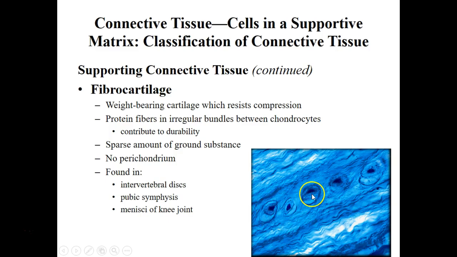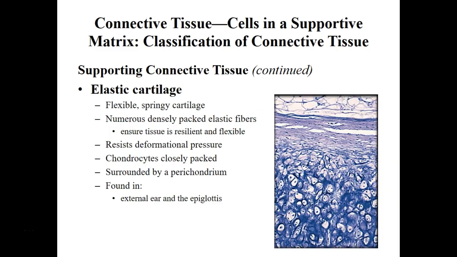And you can see each of the chondrocytes is found inside of a lacuna. It has no perichondrium, so it's going to gain all of its nutrients from the fluids around the cartilage itself. We find fibrocartilage in the menisci of the knee, in between our vertebrae, and it makes up the pubic symphysis.